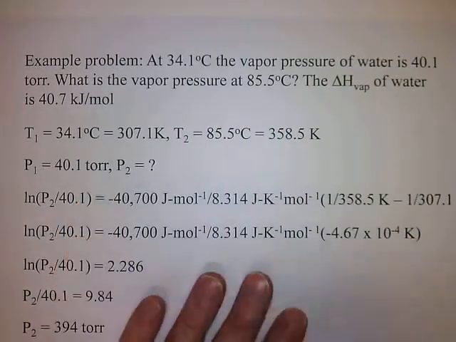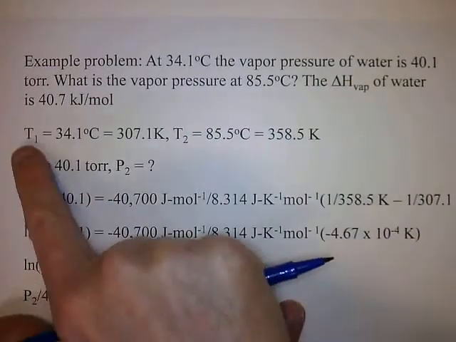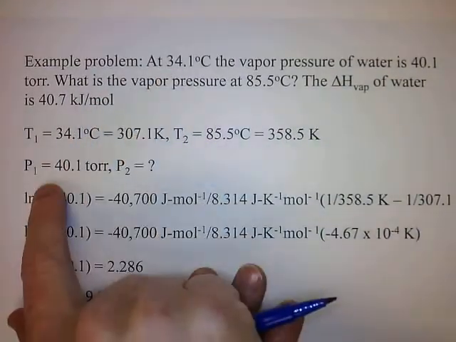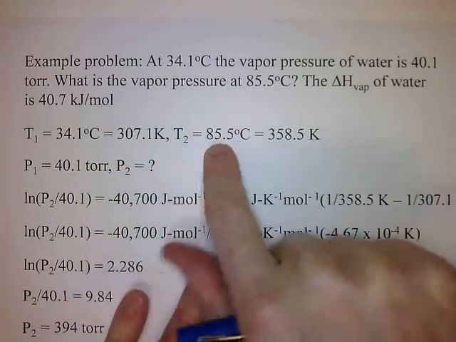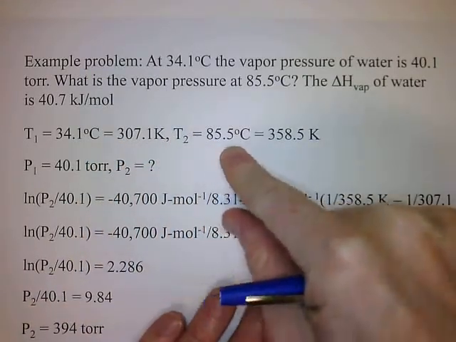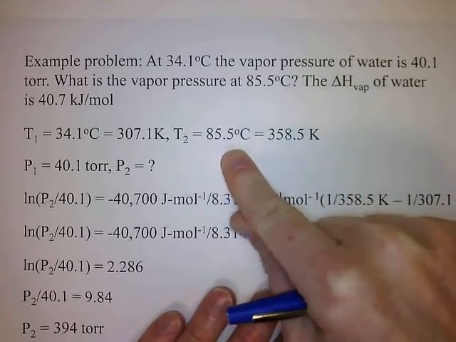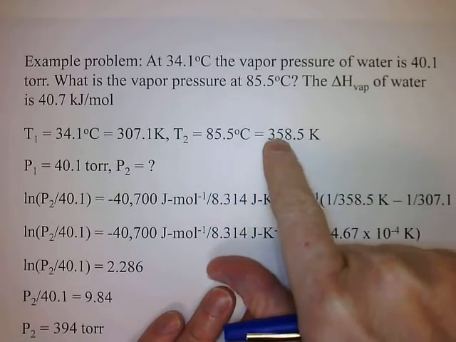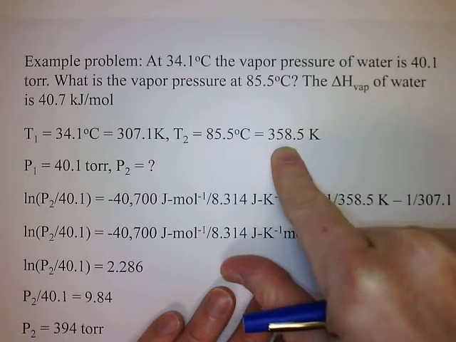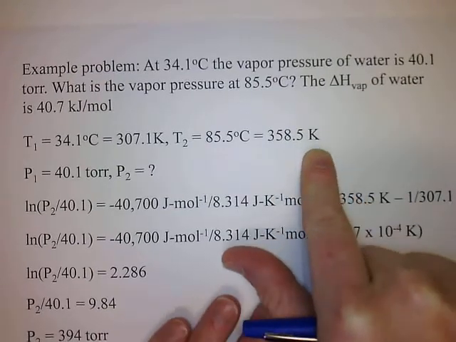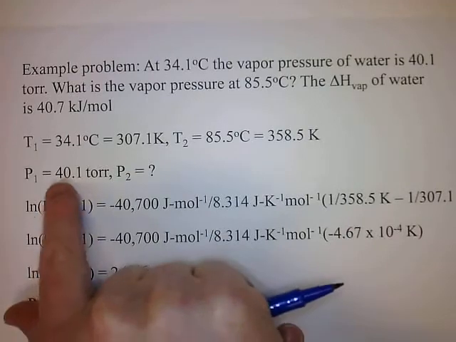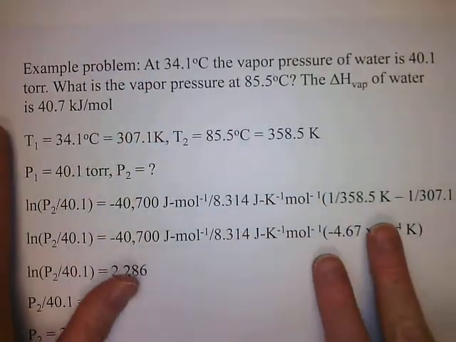We'll let T1 be 34.1 Celsius and T2 be 85.5 Celsius. Now, we have to convert that to Kelvin, so we add 273 to that. T2 is 358.5 Kelvin. Pressure is 40.1 torr at T1, 34.1 Celsius.